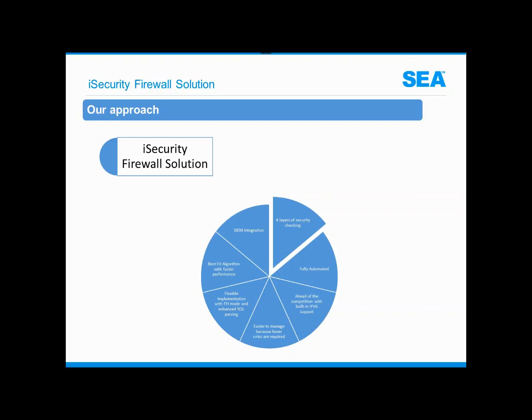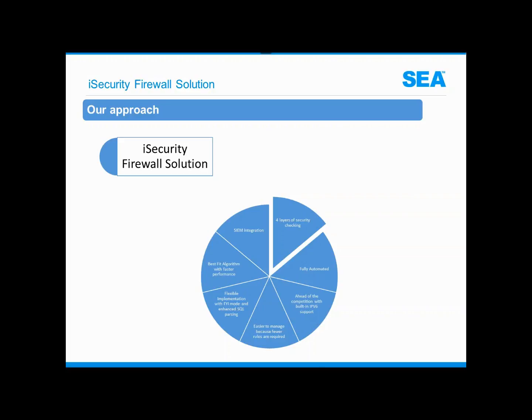Our best fit algorithm performs a lot better than most because we are not using so many rules that they become cumbersome. Our rules are spread over the 4 layers of security checking, and that leads to a lot less need for overhead.